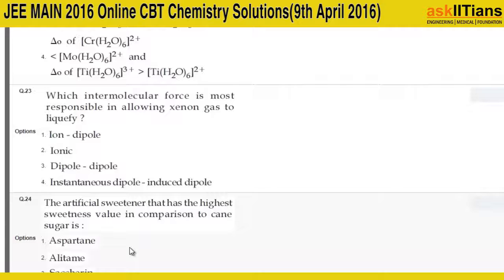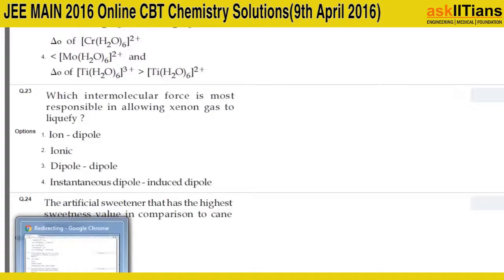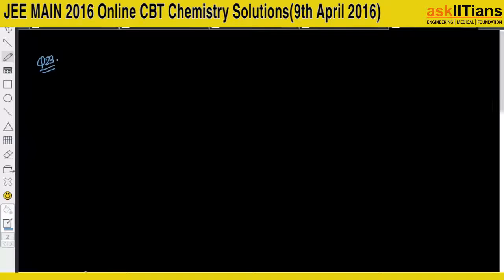So we here want the intermolecular forces which are responsible for the liquefaction of xenon gas. And let me tell you, xenon gas is a noble gas. That means it is also a monoatomic gas.